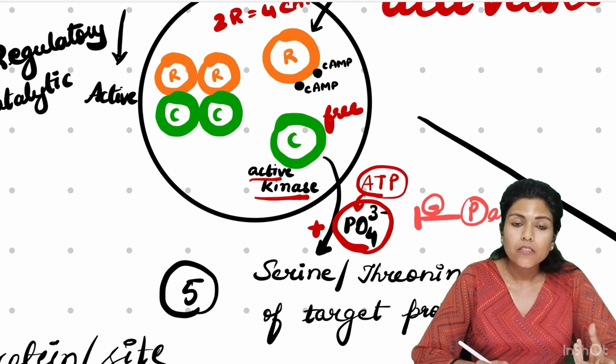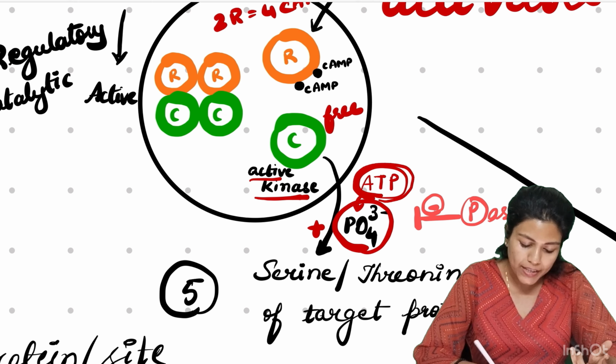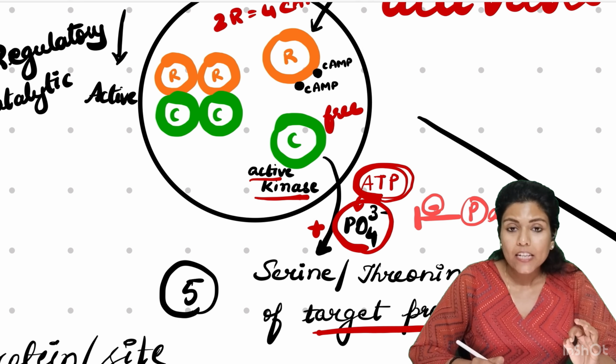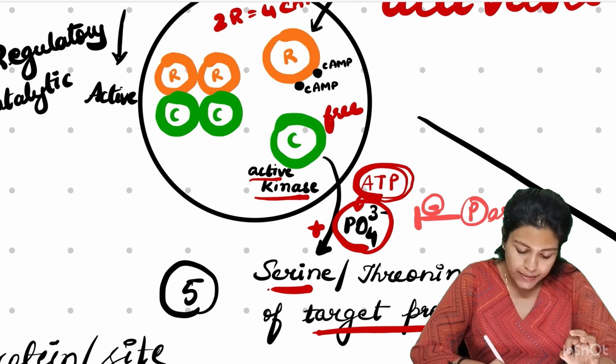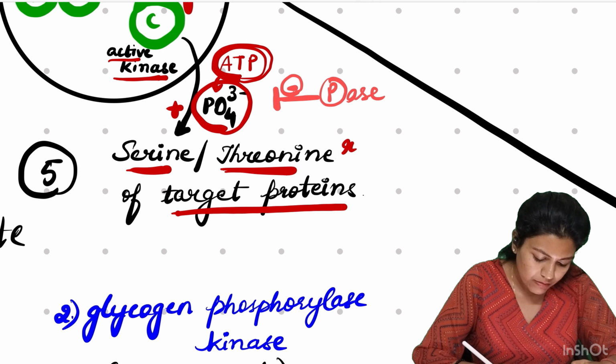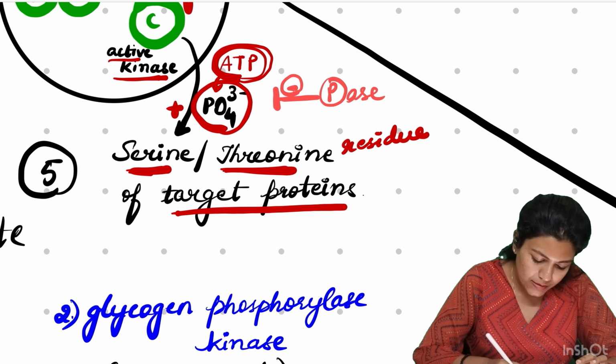From where will it take the phosphate? It will take the phosphate from the ATP and add it to target proteins, at what? At the serine or the threonine residues. They will add the phosphate at the serine or threonine residues. These are proteins.